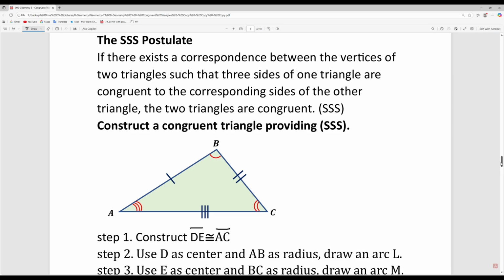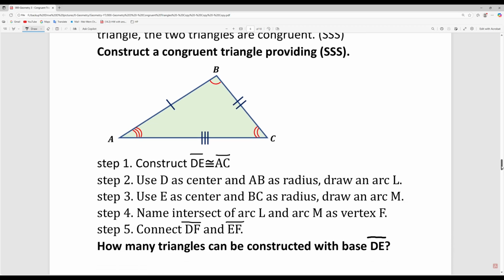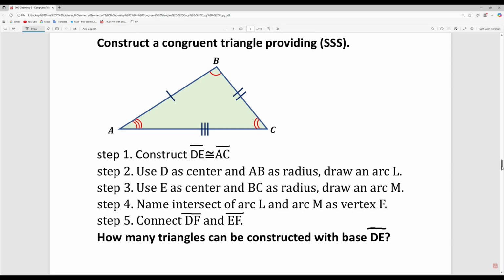So here I will show you how to construct a congruent triangle by using 3 congruent sides. And after the class, you may try to construct a congruent triangle by following those 5 steps on top of the original triangle.